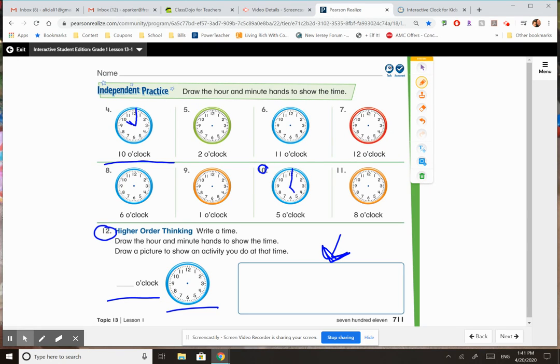So for me, I would say maybe 4 o'clock. I would show 4. And then at 4 o'clock, what am I doing? I am taking a nap. Ideally, I would take a nap. That would be great if I could take a nap. So I'll be like, right here, nap.